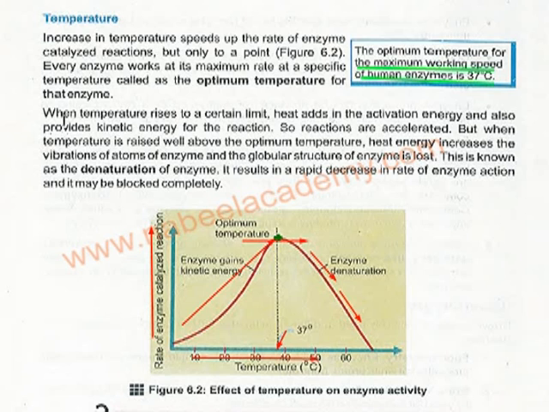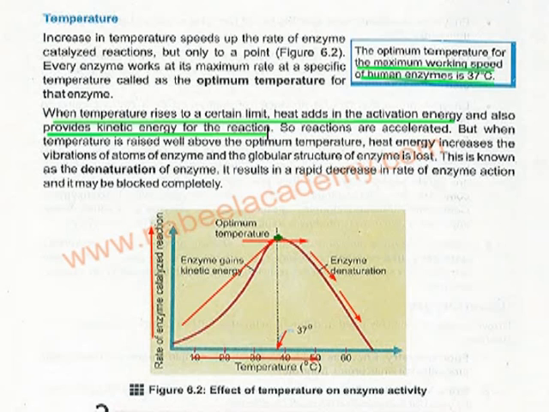When the temperature rises to a certain limit, heat adds to the activation energy. First of all, the kinetic energy is increased, so the enzyme activity increases. The activation energy needed is decreased.